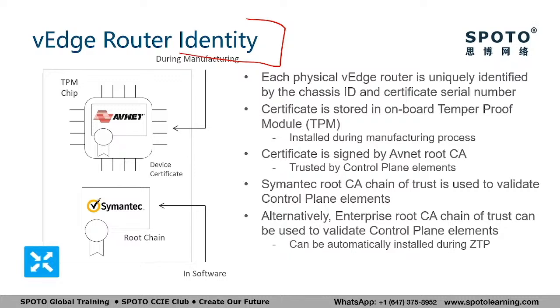Let's have a look at the first one, the vEdge router identity. What is vEdge router identity? The physical vEdge router is uniquely identified by the chassis ID and certificate serial number, which is stored in the onboard tamper-proof module, the TPM.